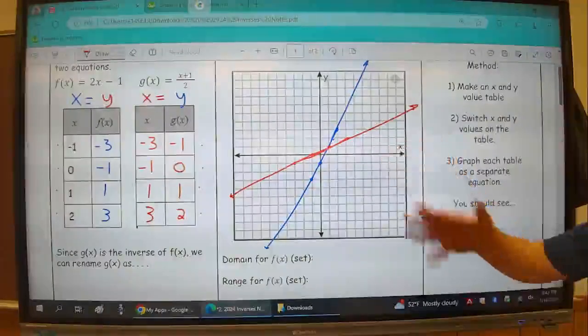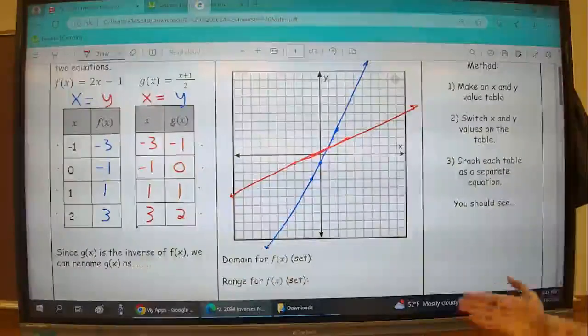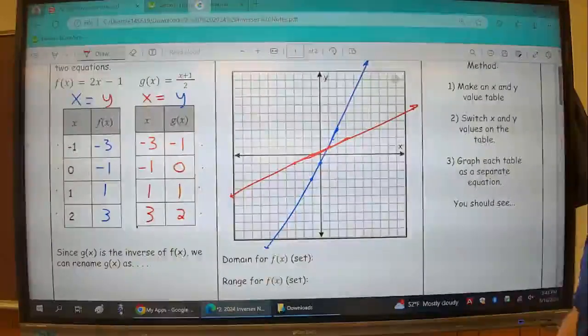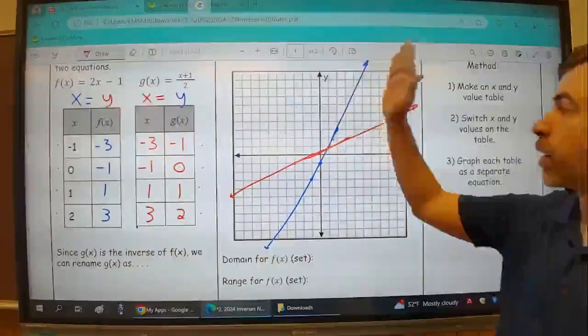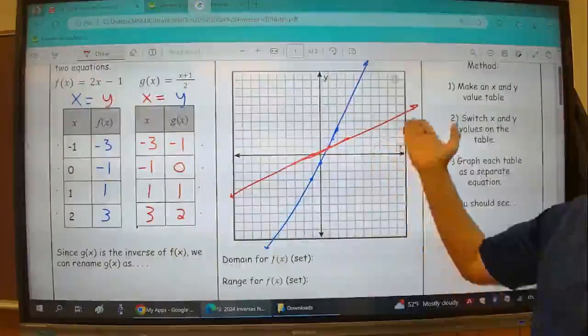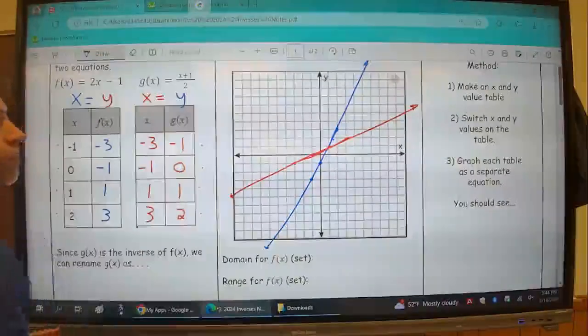Now, these two lines, if they are inverses, should reflect each other, because if x equals y, y equals x, they're going to be reflections of each other, but not over the line x, not over the line y, but over the line x equals y, over the line y equals x.